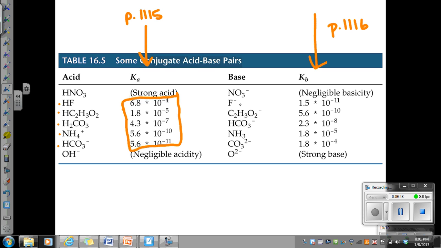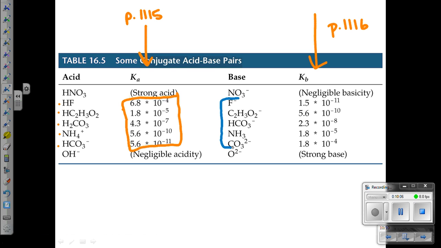If you turn around and look at the bases, we have hydroxide as our base, which is a strong base. All of these would be weak bases, which I can tell because their equilibrium constants are all less than 1.